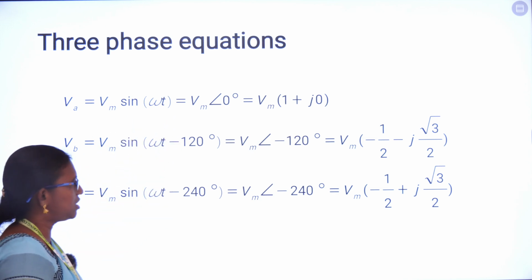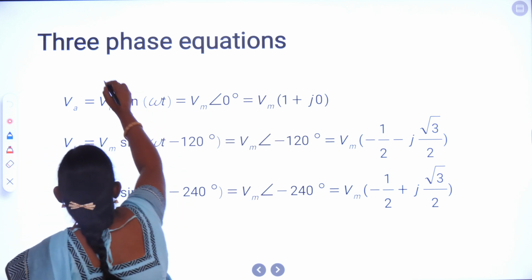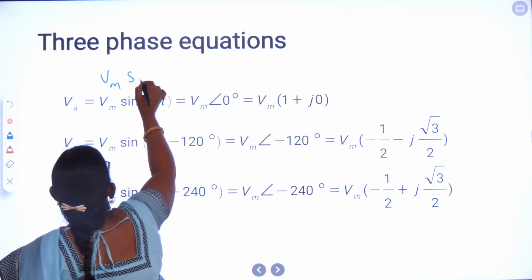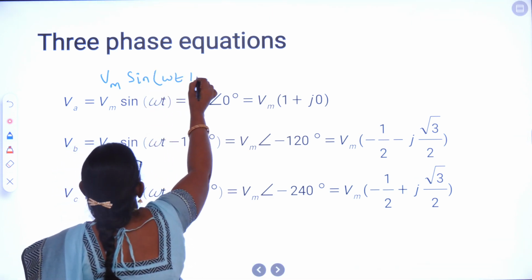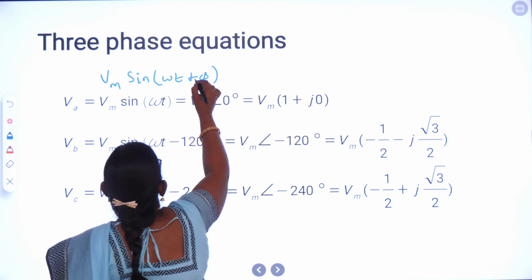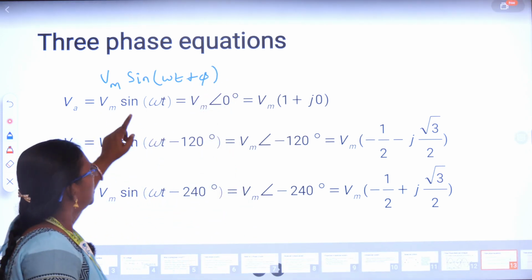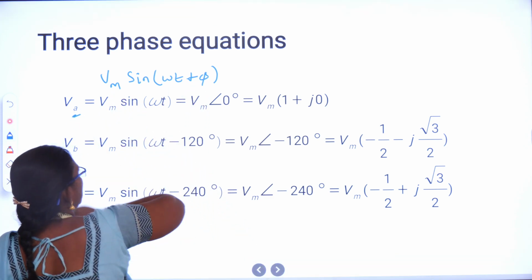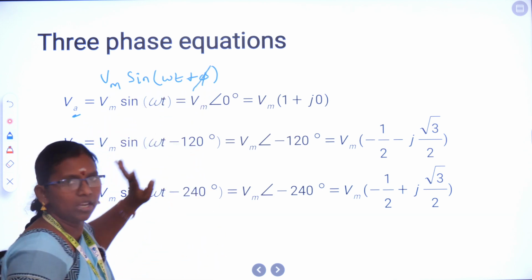So this is the equation we have seen in the first slide. Here the phase phi, as we take the A phase to be the reference phase, will be 0. So it is Vm sin omega t alone.